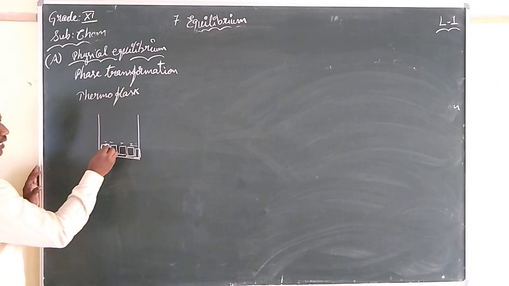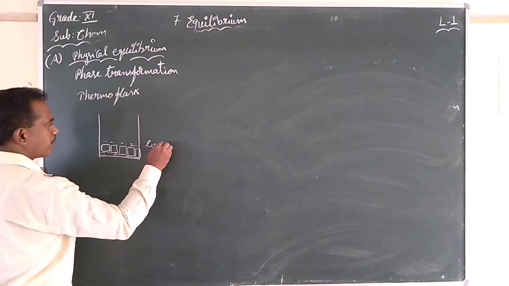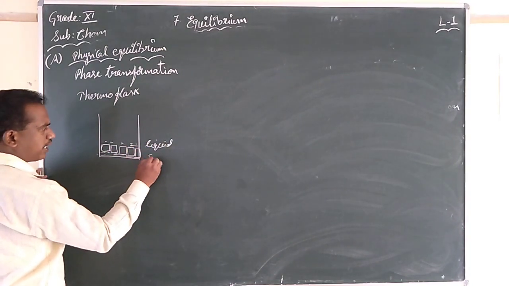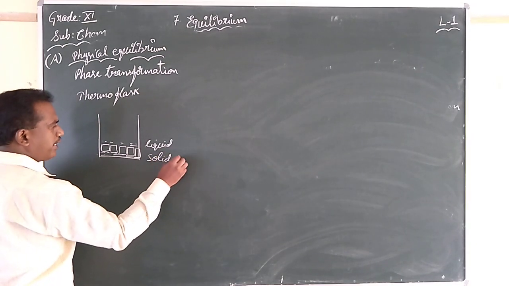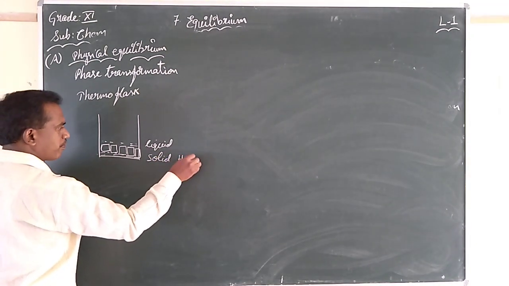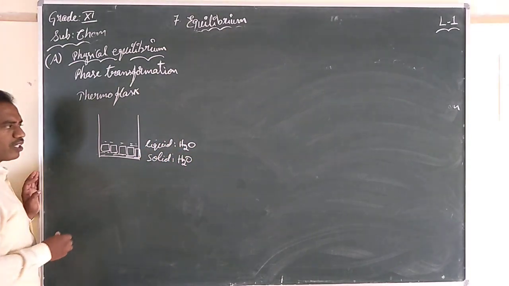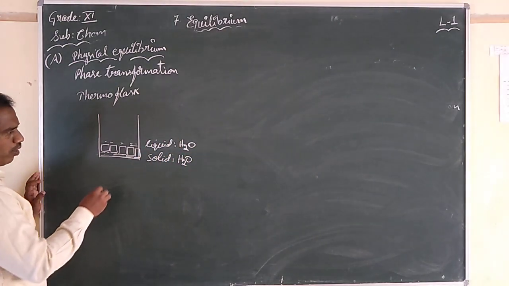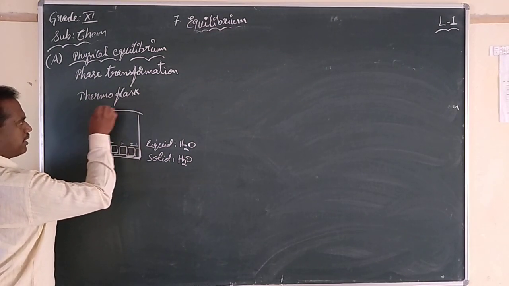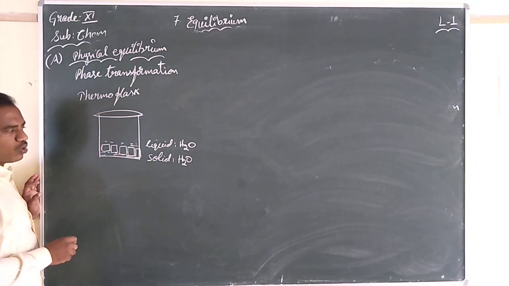So here there is liquid water, and also there is solid water. What forms do we have, children? We have solid water and also liquid water. Let us imagine this is a closed thermoflask.